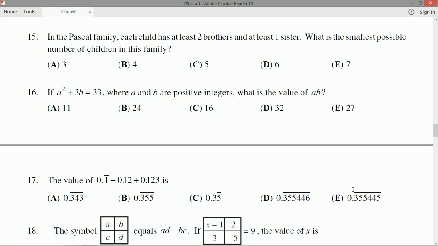Alright, question 16. If a squared plus 3b is equal to 33, where a and b are positive integers, what is the value of AB? Okay. So when I see questions like this, sometimes I think, well, maybe I can't get A and I can't get B by themselves, but maybe there's some way I can work out what A times B is.